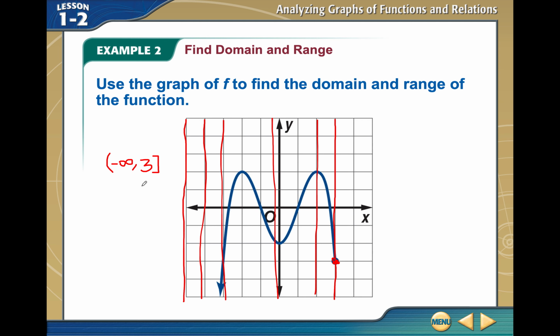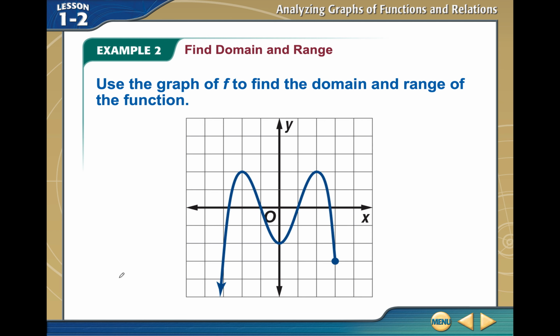The other method to find the domain would be to look at the graph and project every point of the graph onto the x-axis. So if I project every point to the x-axis, okay, I'm projecting every point from the graph to the x-axis, and you can see how I am doing it.